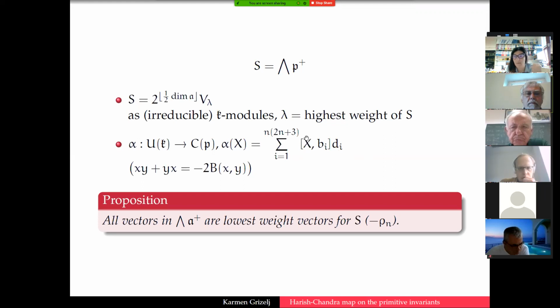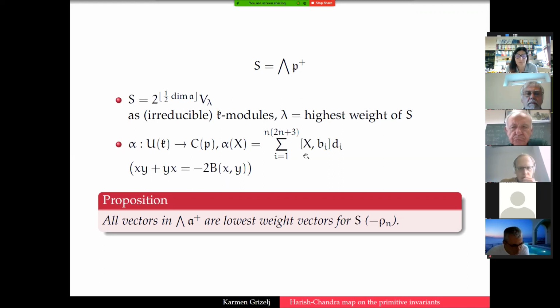If X is an element of K, this part ends up in P, and then this product ends up in the Clifford algebra of P. Here, I just want to mention that we're taking the Clifford algebra with respect to this rule: xy plus yx is minus 2b(x,y).